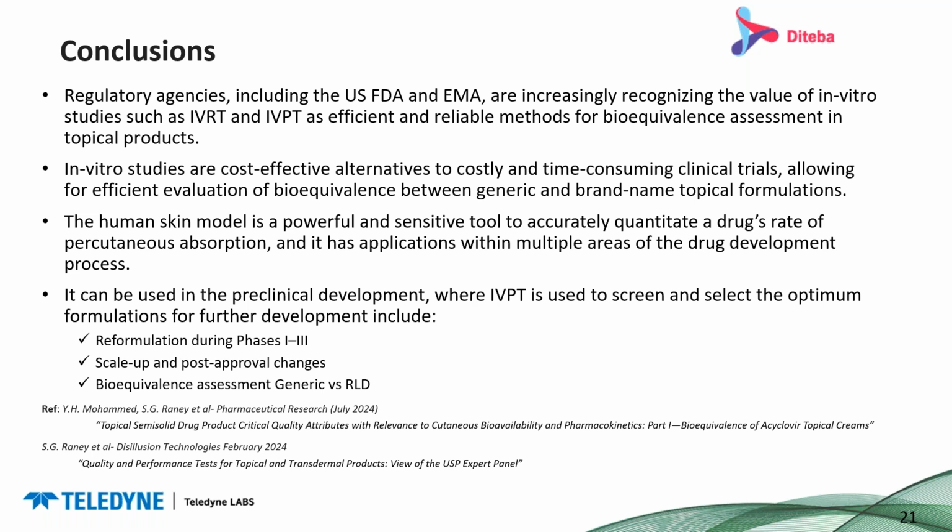Yes, indeed, IVPT studies are essential to assess the bioequivalence of topical products, but they present several critical challenges. There are key challenges and potential strategies to mitigate those. First, variability in skin samples. The challenge is that there is inherent variability in skin samples due to differences in donor age, gender, anatomical site, and health status, which can impact variability.